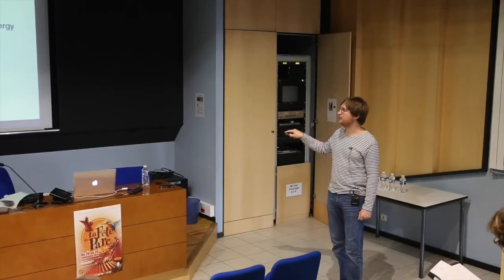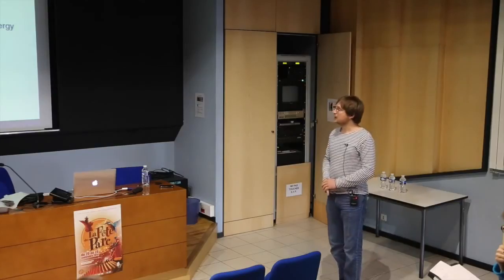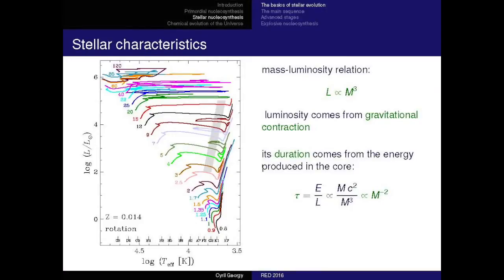So the energy content of the star is given at most by the well-known Einstein relation. So it is the mass of the star times c squared. And the luminosity, as shown here, is proportional to the third power of the mass. So what we can learn here from this very raw estimate is that the lifetime of a star will go as the mass to the power of -2.